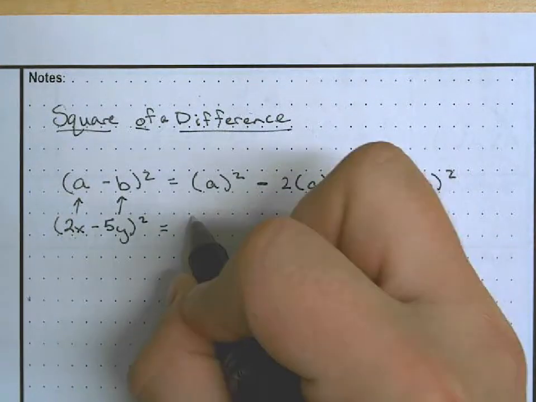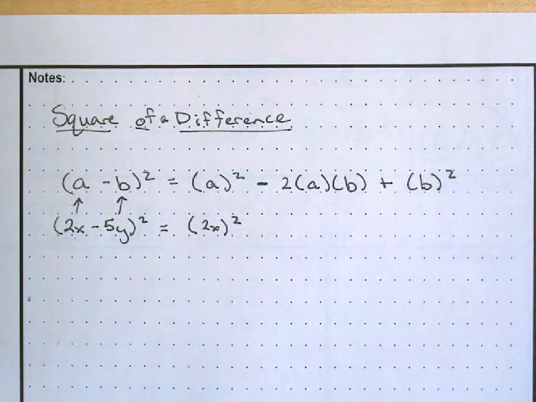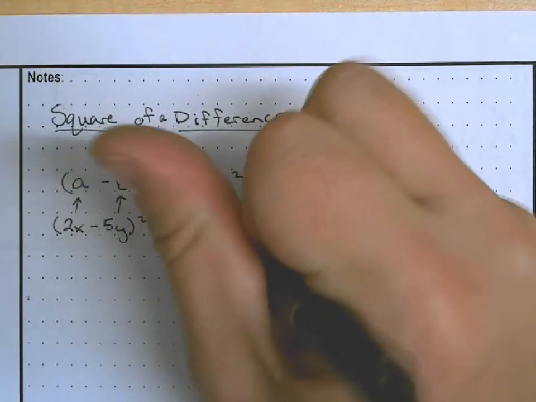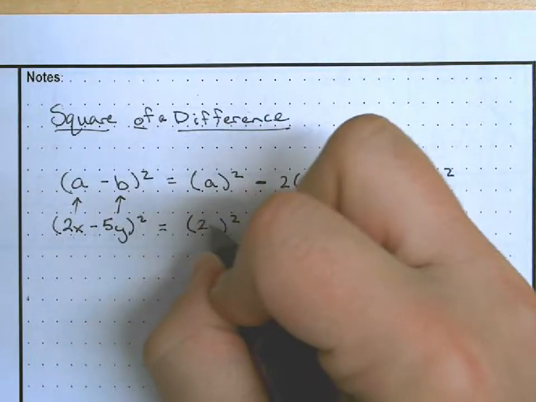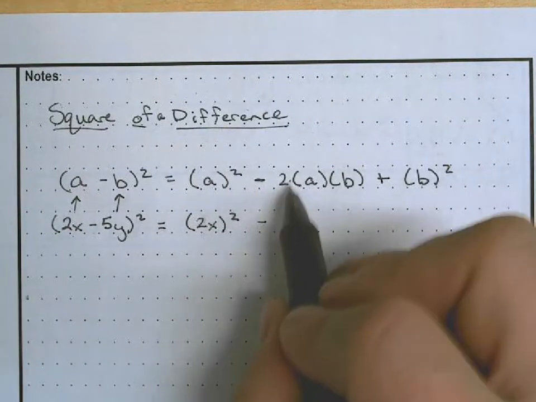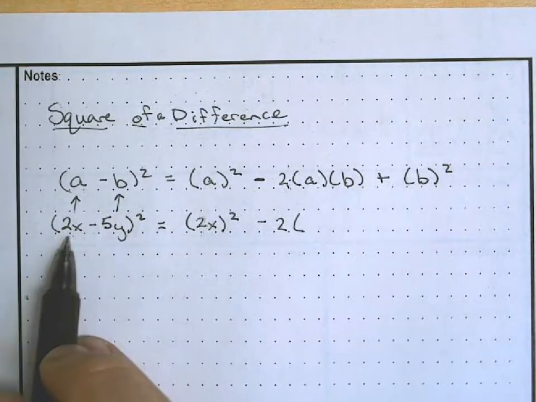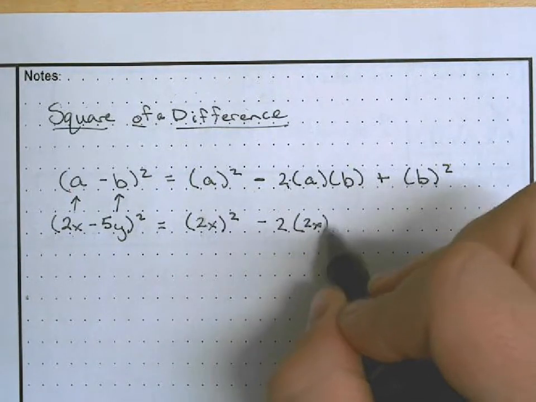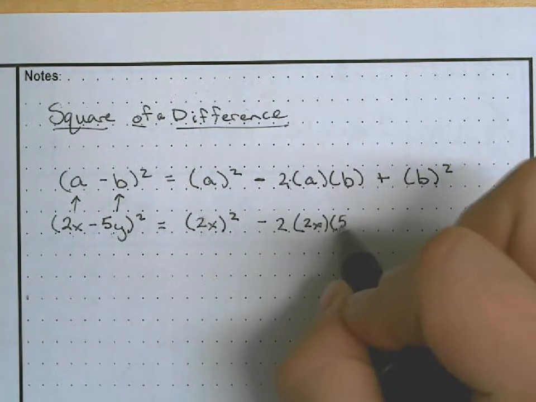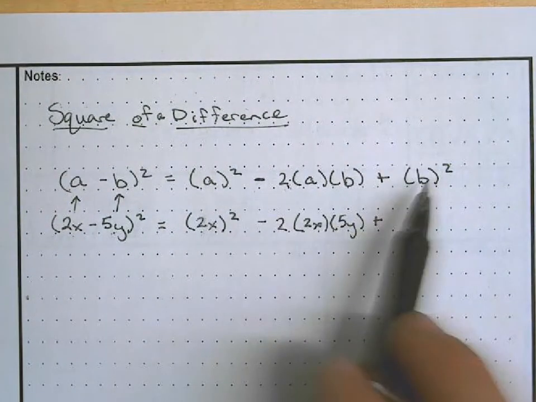Now we'll plug in, and I'll get 2x squared minus, so I have 2x, my first term, squared, and I'm going to subtract 2, that's coming from our little equation, times my a term, 2x, times my b term, 5y, plus my b term, 5y, squared.